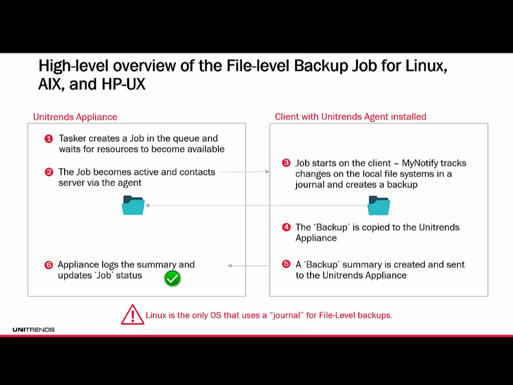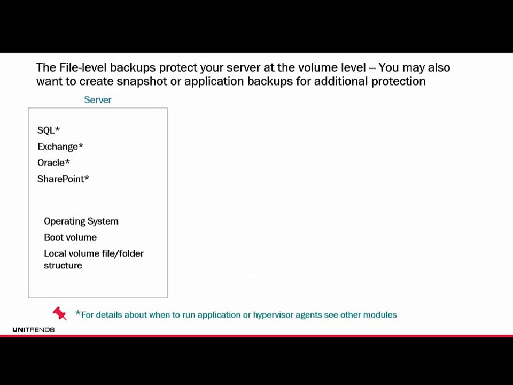Now, Linux is the only OS that uses a journal for file-level backups. The other ones use inotify. The file-level backups protect your server at the volume level. So you may also want to create snapshots or application backups for additional protection. When it talks about snapshots, it may be a virtual machine where you're only using the agent on one file or folder. You're not grabbing the C drive, the operating system, the boot volume.